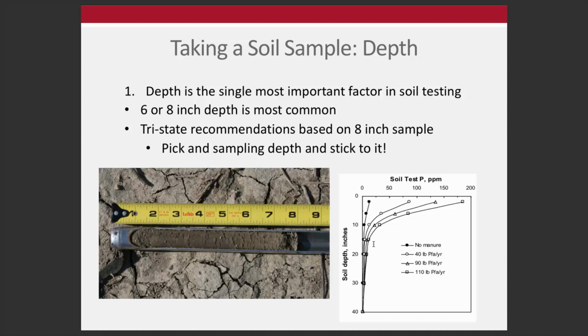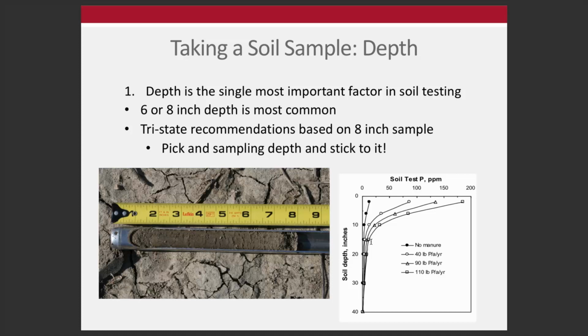Because a lot of these higher values will be diluted by the lower testing values below 10 inches. So for Ohio, most of our recommendations are based on a 0 to 8 inch depth. That's 20 centimeters. 0 to 8 inches is kind of a non-official plow layer from when there was a lot of plowing, so it's somewhat arbitrary, but it's a good standard measurement.